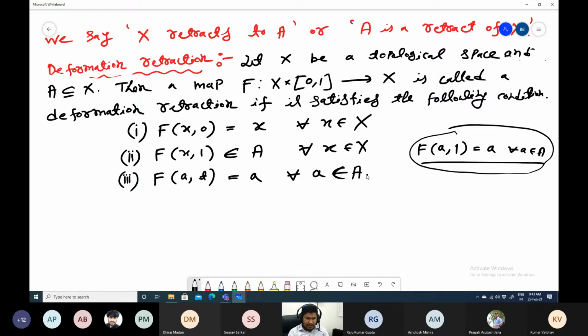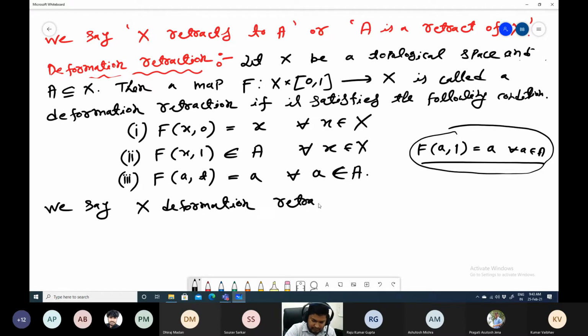Now, if a map F satisfies these three conditions, then we say that F is a deformation retraction, and we say X deformation retracts to A. It is very important in this context of algebraic topology.